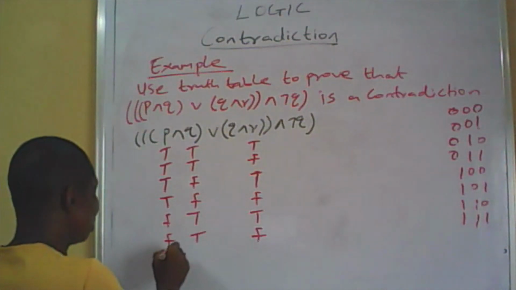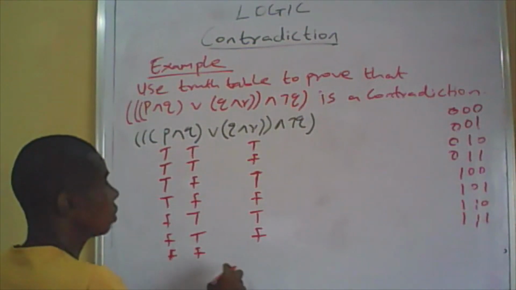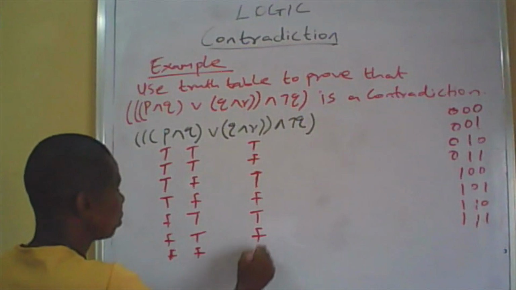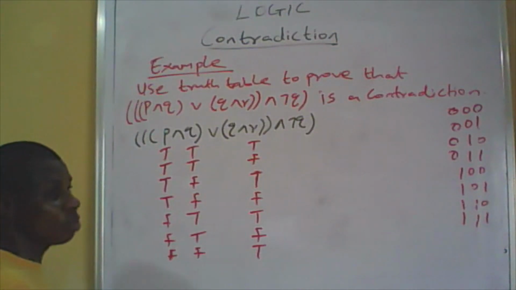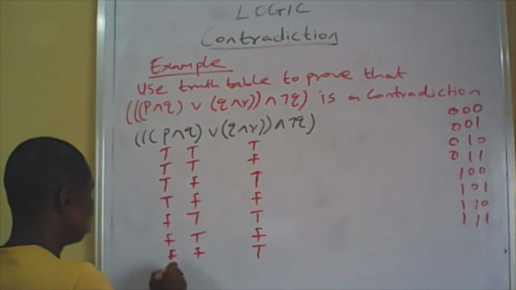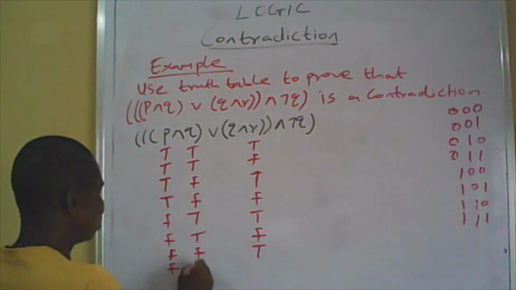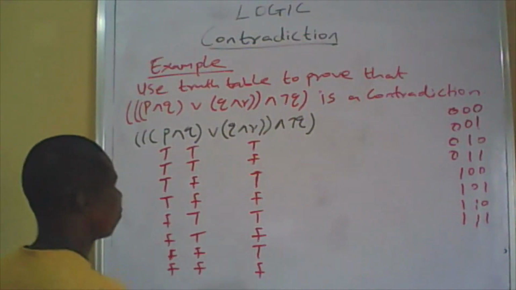That means P is F, Q is F, then R is T. The last one is 000, that means F, F, F throughout. That means P is F, Q is F, then R is F.